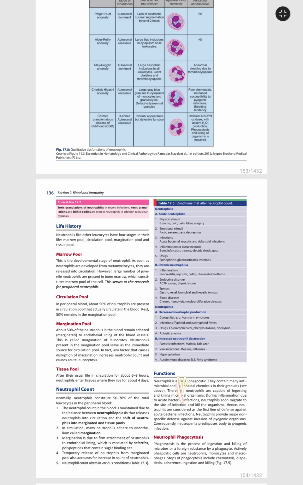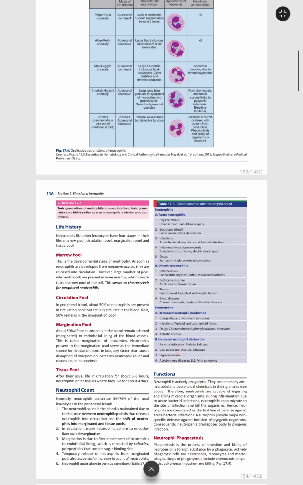Increased destruction occurs in malaria, Kala Azar, whereas decreased neutrophil production occurs in infections like typhoid and aplastic anemia. Hypersplenism: the spleen destroys the cells. So if someone asks you what the condition is called when neutrophils increase or decrease, you say neutrophilia, neutropenia.